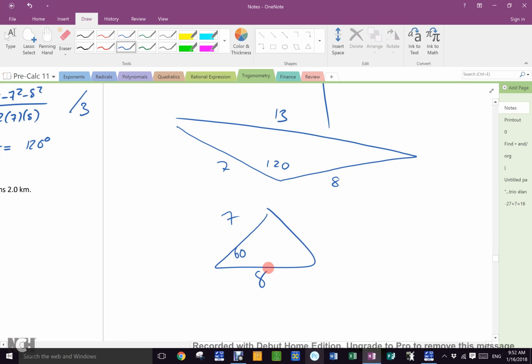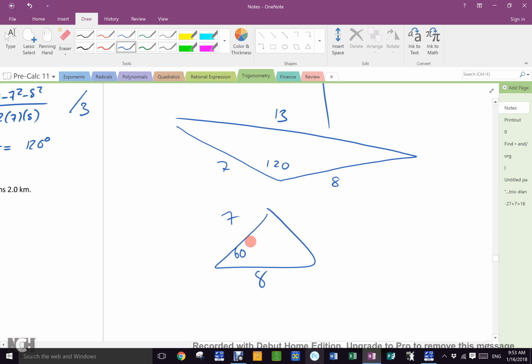Agreed? Now, if these two are almost the same, and this is 60, that would make this an isosceles triangle, wouldn't it?